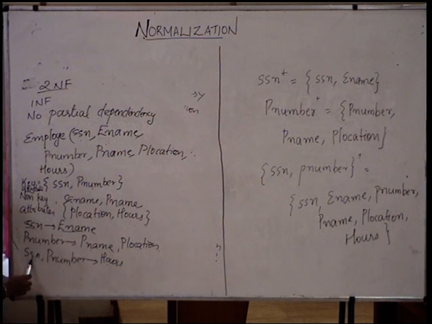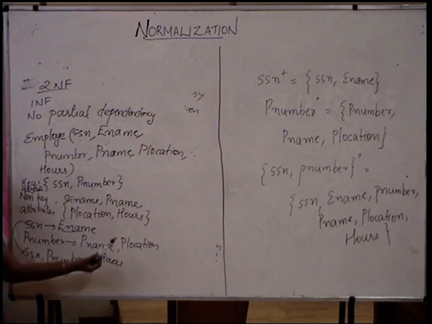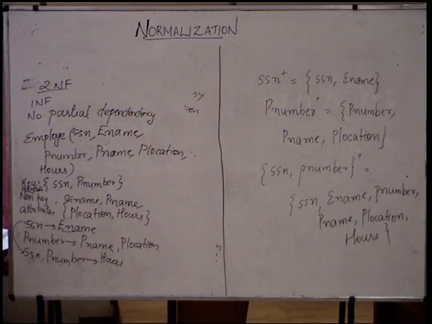Here SSN is a key attribute, P number is a key attribute. From a key attribute there is a functional dependency to another non-key attribute. So this is called partial dependency. SSN P number implies hours, SSN only can determine E name, that is a partial dependency. Here also one more partial dependency: P number implies P name, P location.